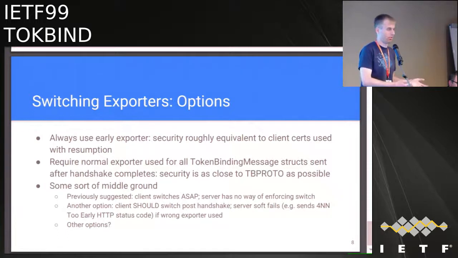That could be in the application profile of how to do that, or if the application is such that there's no early data, if there's no bound token in early data, then it just says you always use the full strength exporter. I think that's another option, to move that to the application profile. I think, though, that the base zero RTT token binding draft should have some amount of guidance of like you must do at least this much for it.